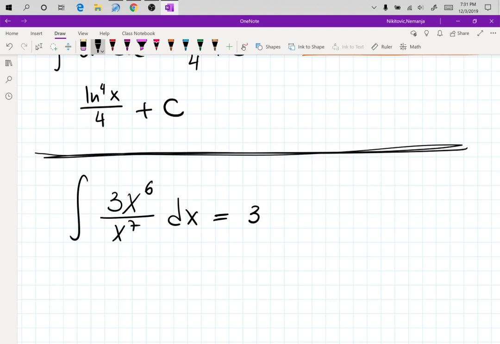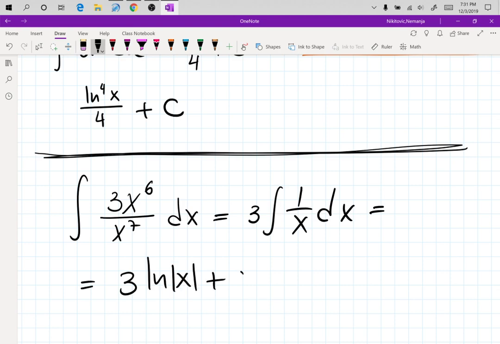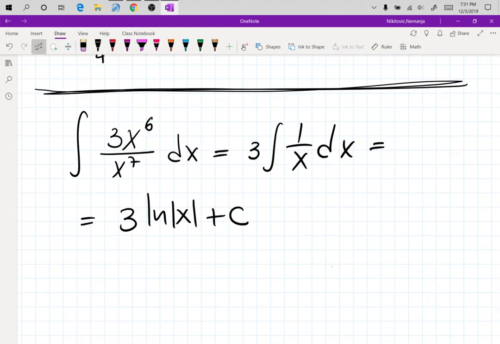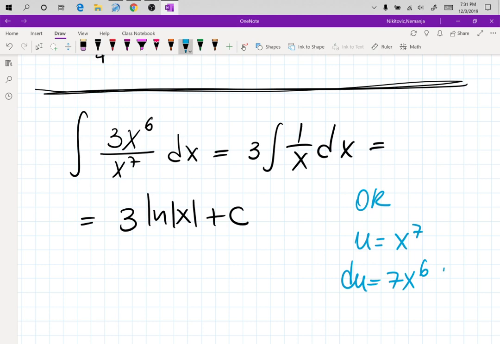Pretty much. Nice. I'll just cancel. Or u equals x to the 7, du equals 7 x to the 6 dx.